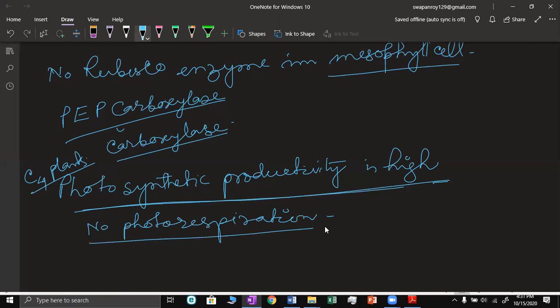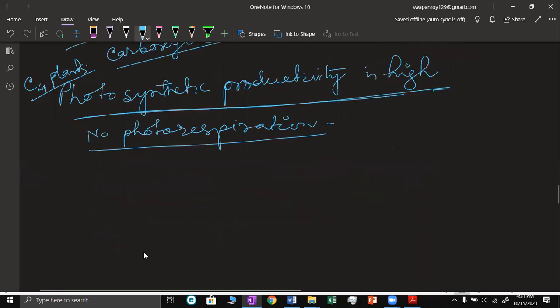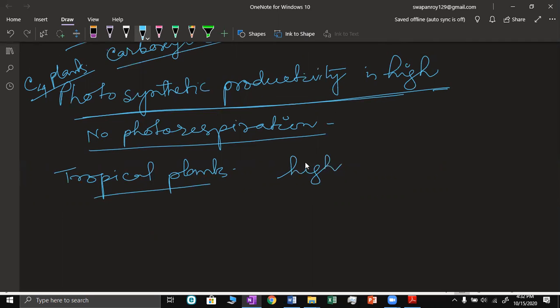And these plants are tropical plants, mainly plants that grow in high temperature and high light intensity.